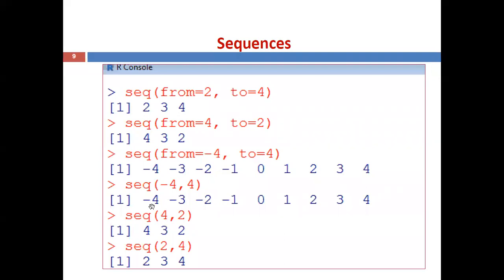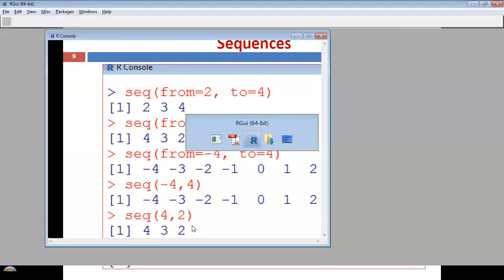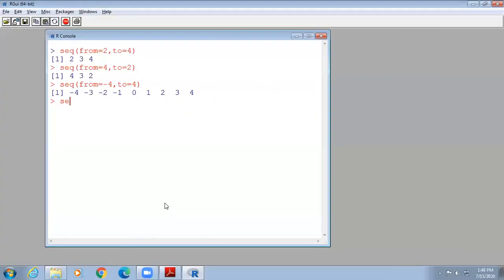Then another example. Instead of giving from and to, directly within the function you can give the from value comma to value. So now seq of, the first one we gave, 2 comma 4. Now you can see it generates the same output. Then the second one, seq of 4 comma 2.